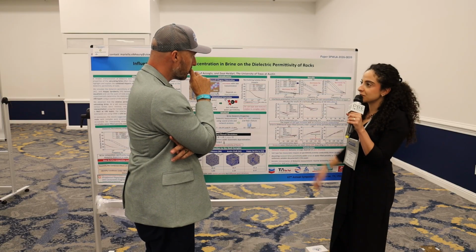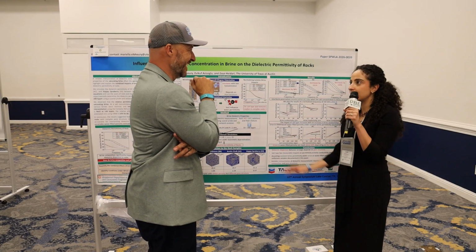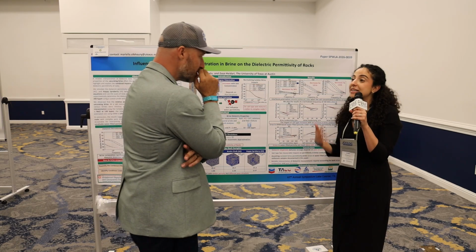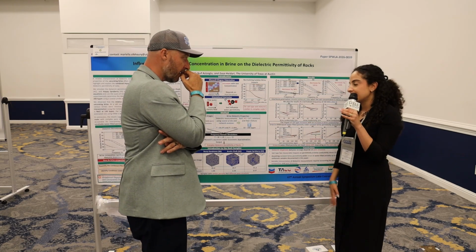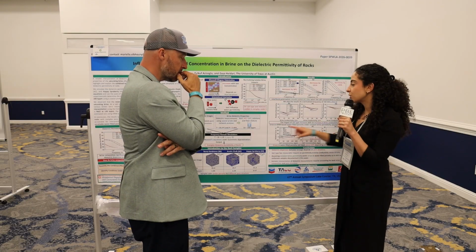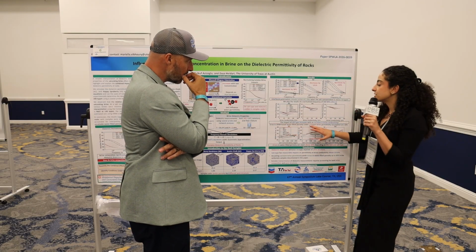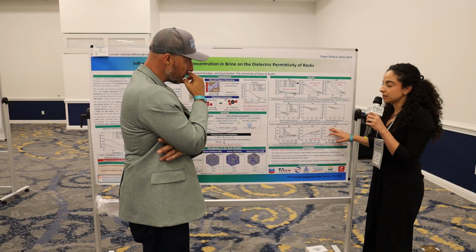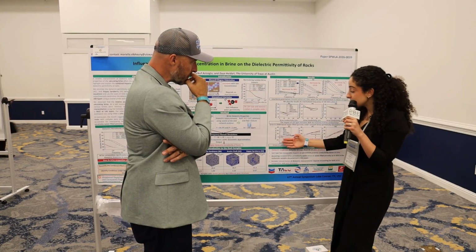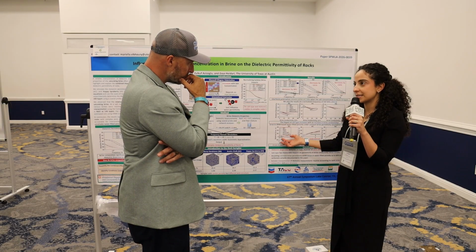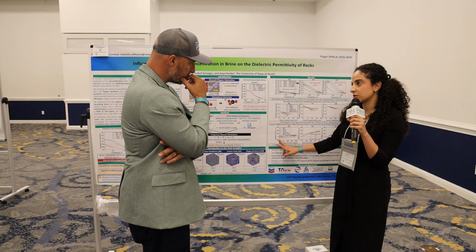Okay, this is nice, but why do we care about this? What are the implications for interpretation? To understand this, we compute the error in CRIM-based water-filled porosity, assuming constant brine permittivity. What we see is that this assumption works relatively well for Berea sandstone at low salt concentration.